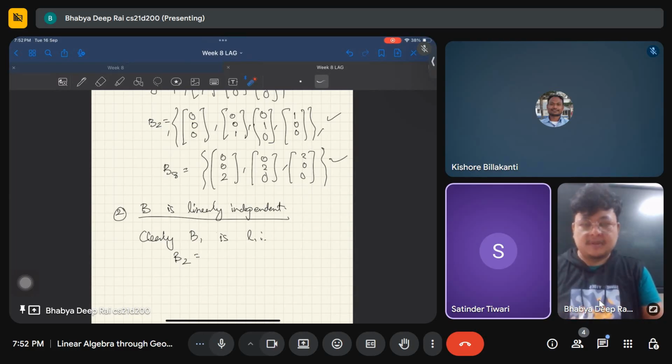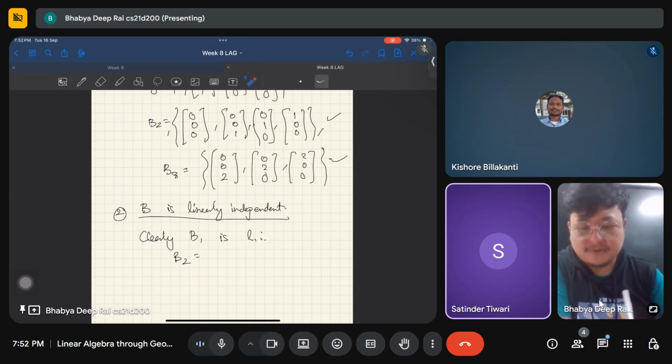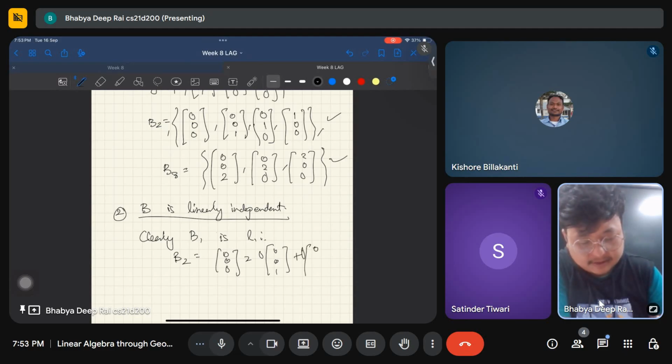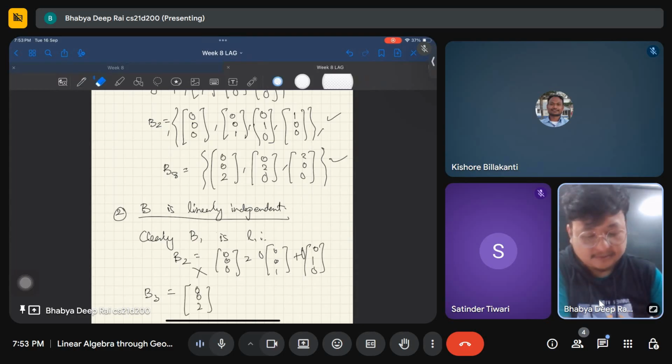Exactly. You can just do 0, 0, 0 is equal to 0 times 0, 0, 1 plus 0 times 0, 1, 0. So it can be expressed. So this B2 is not linearly independent. What about B3? Well, B3 is 0, 0, 2, 0, 2, 0, 2, 0, 0. Is it linearly independent?